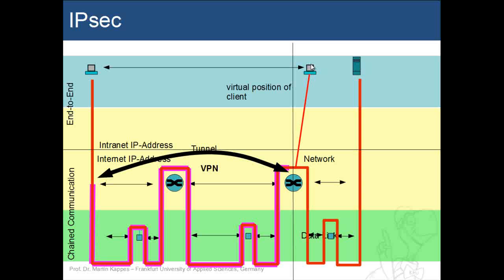And from this point on, the client basically sits in the intranet, which means that the public network here is used to create a virtual point-to-point connection between the router and this machine here. This is basically what this picture is also intended to show.